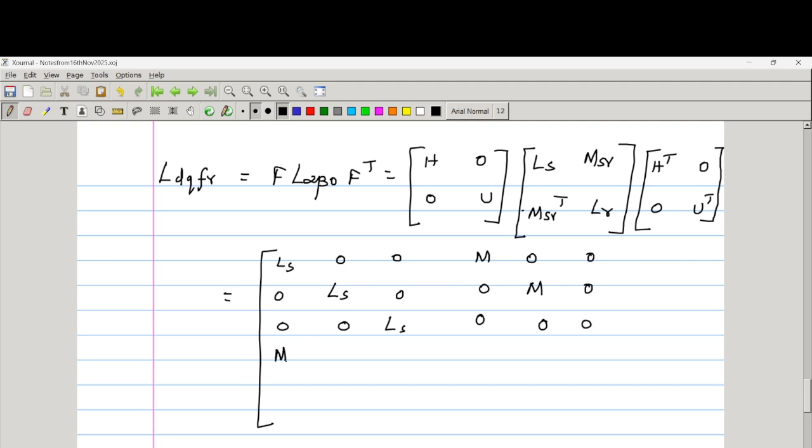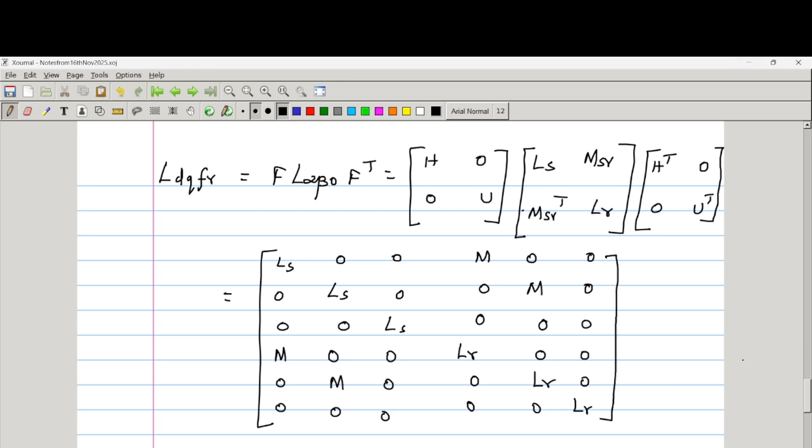Similarly here M 0 0, 0 M 0, then 0 0 0. Then here LR, rotor inductance, LR 0 0, 0 LR 0, 0 0 LR. So like that we will do it.